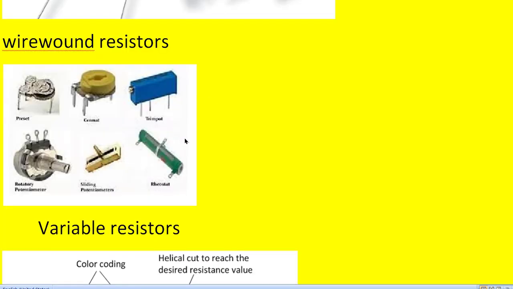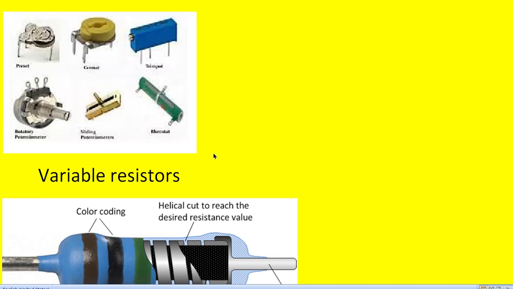Next, coming to the variable resistors, there are several types of variable resistors. This is called the preset resistor, which is used in projects. Similarly, this is a ceramic resistor. This is also used in projects, and this is a 3-leg resistor. That is why it is called a tri-leg resistor. And this is called the rotary potentiometer.